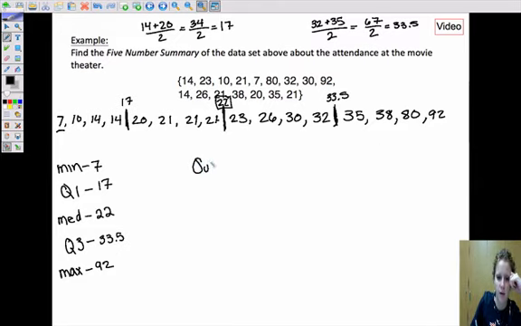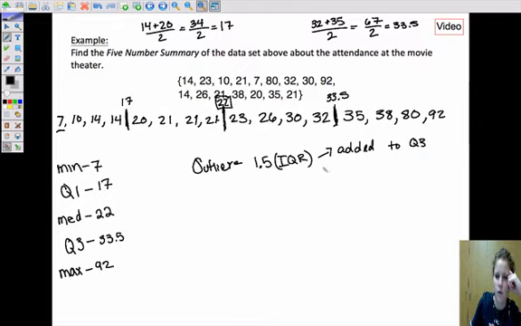So to find outliers, and you can put this somewhere on that sheet, an outlier formula is 1.5 times the interquartile range, and that is either added to the quartile 3 or subtracted from quartile 1. And that will give us where our outliers are.